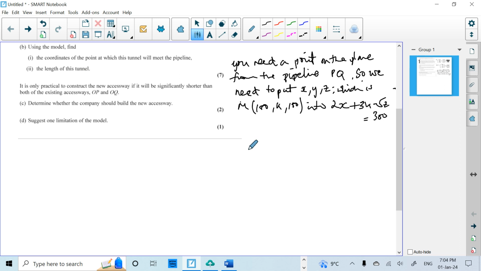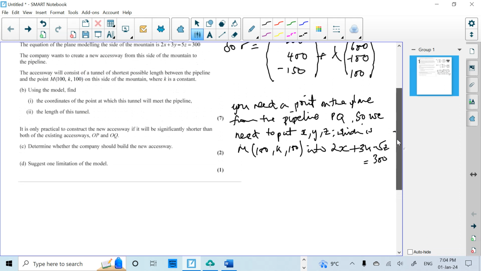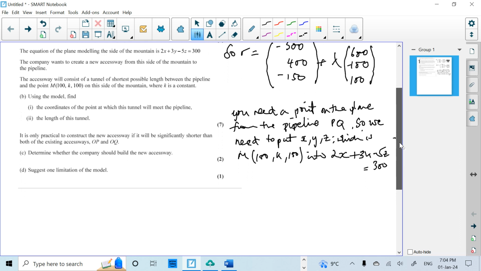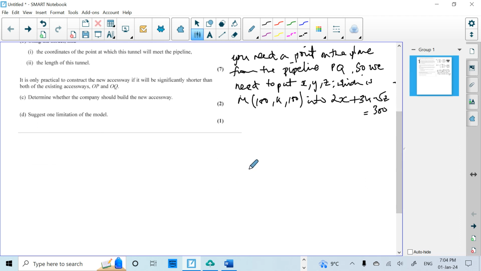So if I substitute my values I found, 600 minus 100 and 100, what do I get? I've got 2x, so x is equal to 100, and I've got 3k.